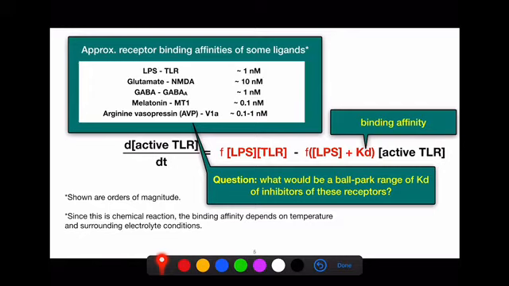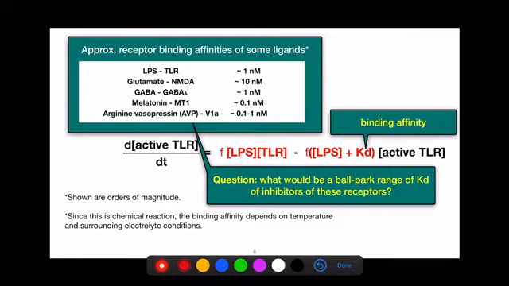One thing that you have to have in mind is that these numbers, the KD numbers, actually matter a lot. These KD values, these binding affinities, can be an approximate indicator of the range of ligand concentration.